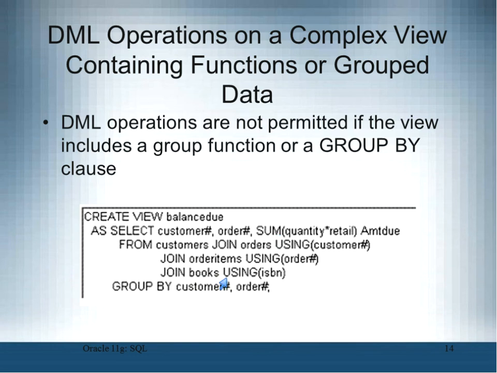So this is a combination of the stuff that we covered in chapters, where the joins are in chapter 9, is it? And then the group functions are chapter 11. So it's a combination. Let's look at this. What does this query actually give us? We have the customer and order, and then what is quantity times retail?